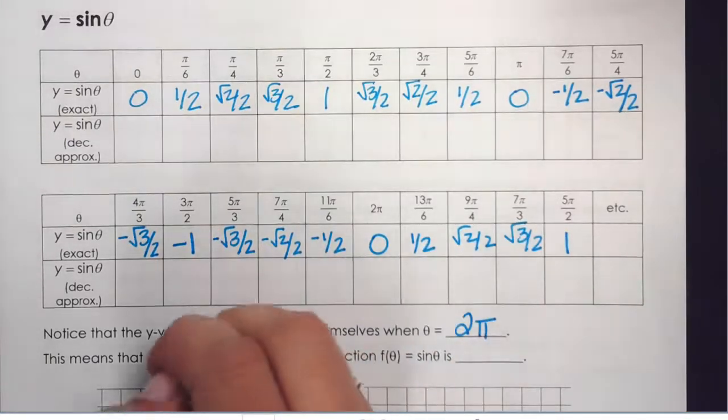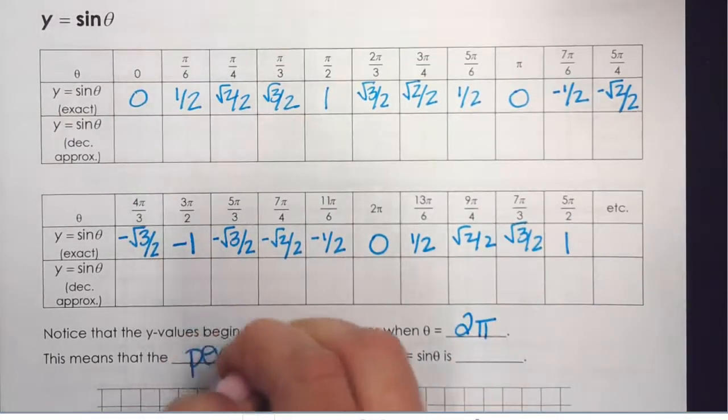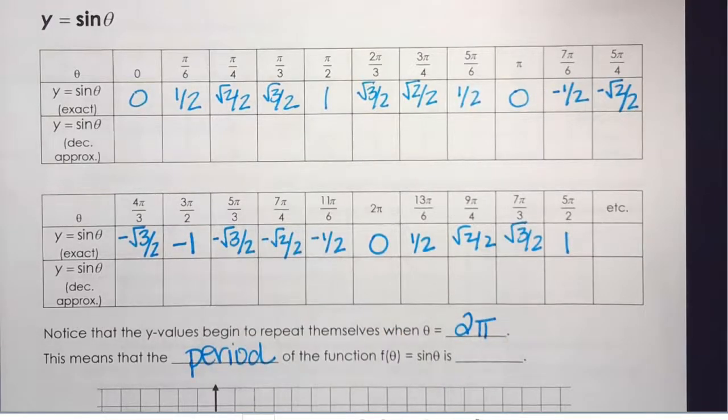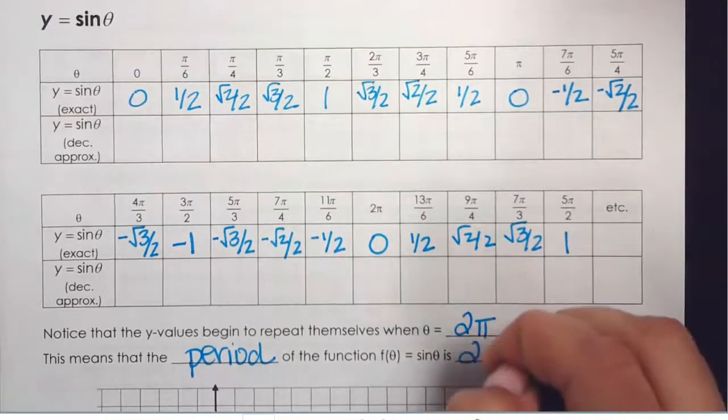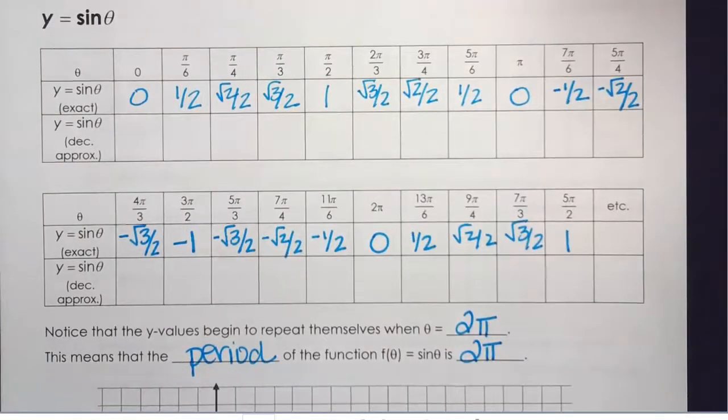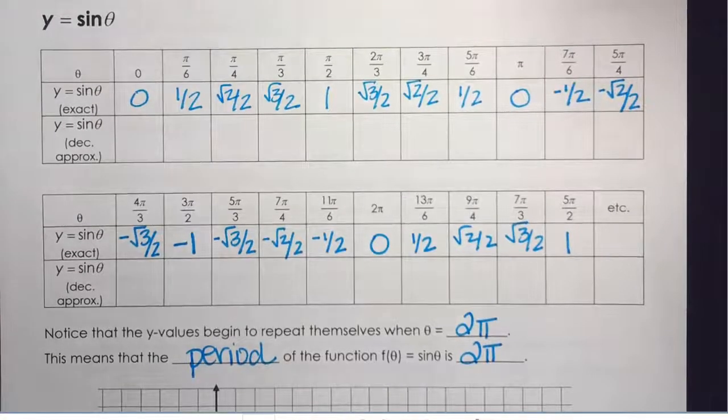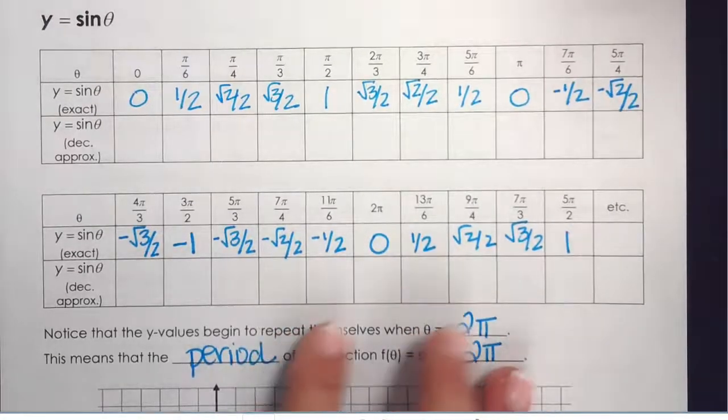And what that means is that the period of the function f of theta equals sine theta is 2 pi. And what we'll see when we graph is we're going to see things repeat themselves every 2 pi. And we'll see what that looks like in a little bit. Okay? We're going to plot these using the decimal approximations.